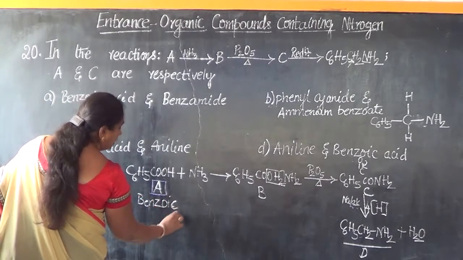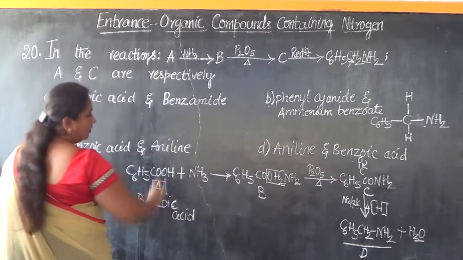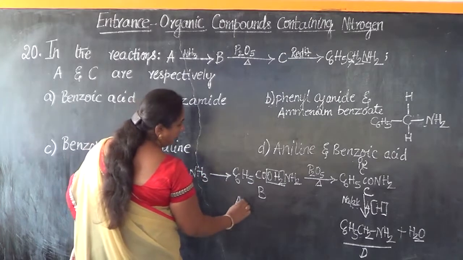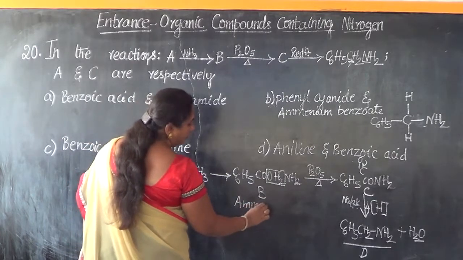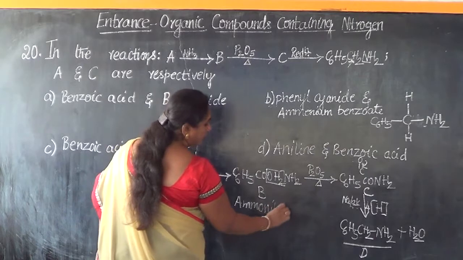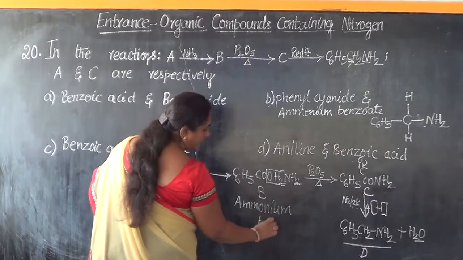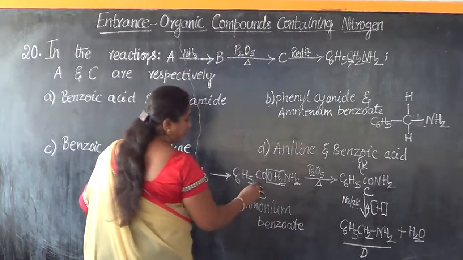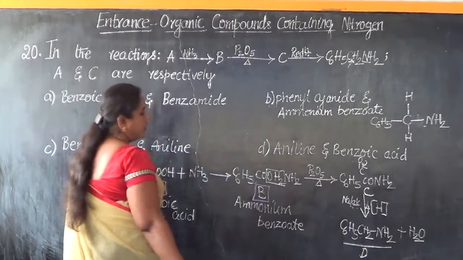Then what is B? This entire component, ammonium benzoate. That is our B. What's the formula for ammonium benzoate?